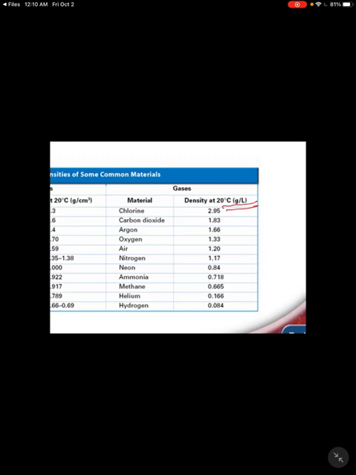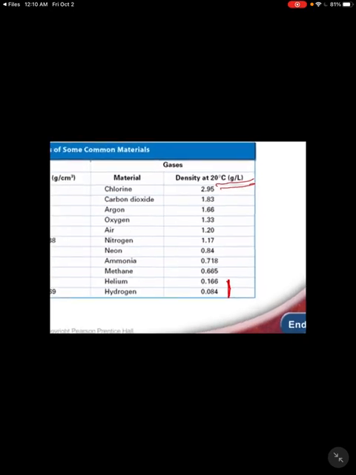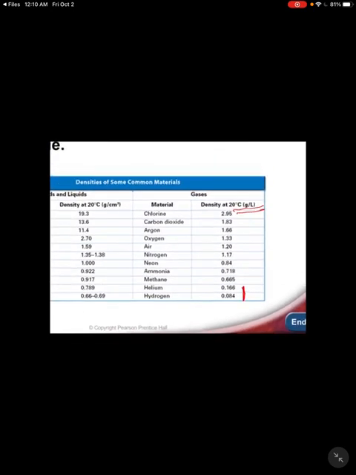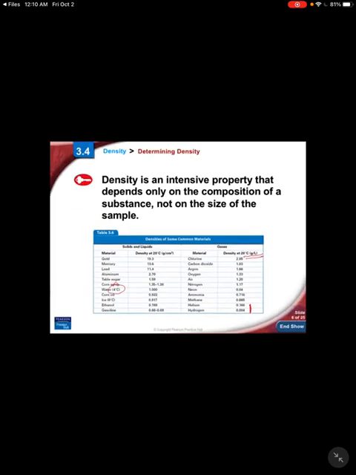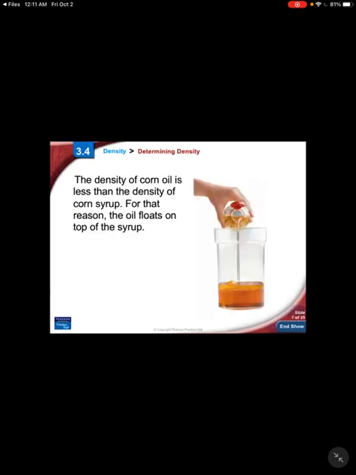And you'll see that, for example, hydrogen and helium have very low densities there. So that should explain some phenomena to you. So we see the applications of density all the time.